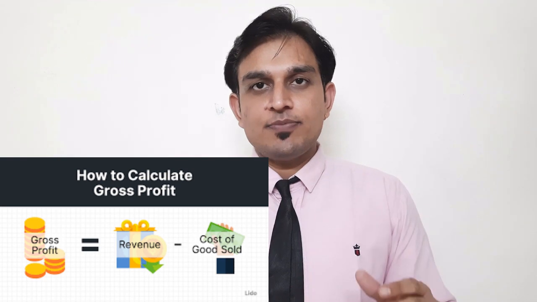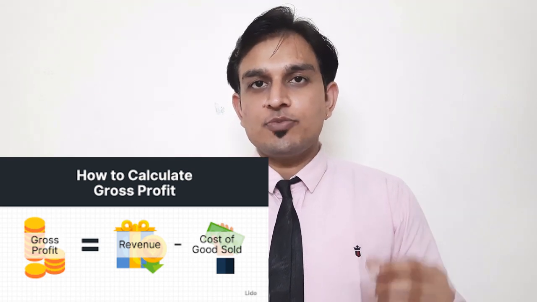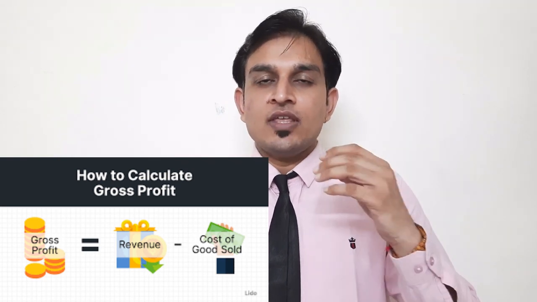As we are doing business to earn something, to earn profit, our objective is to maximize our profit. So we purchase at a lower cost and we sell at a higher price. The difference is our profit. Sales minus purchase is our profit, but that is not the net profit, that's the gross profit.